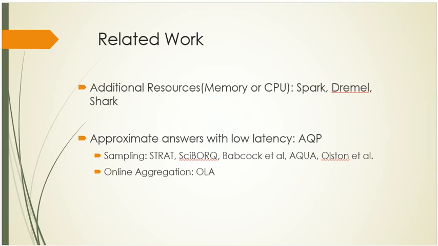Prior work on interactive parallel query processing frameworks has broadly relied on two different sets of ideas. One set of related work has focused on using additional resources like memory or CPU to decrease query processing time. Examples include Spark, Dremel, Shark.